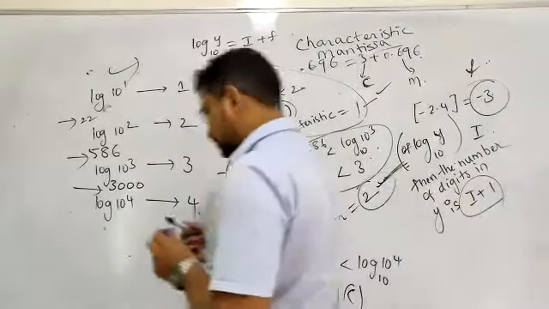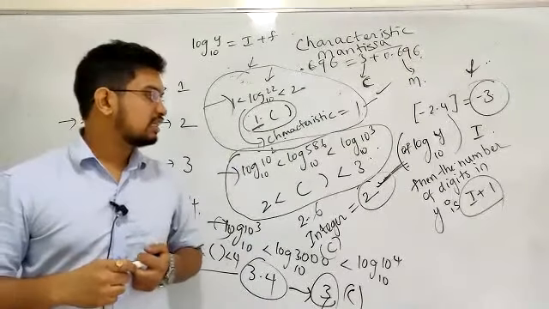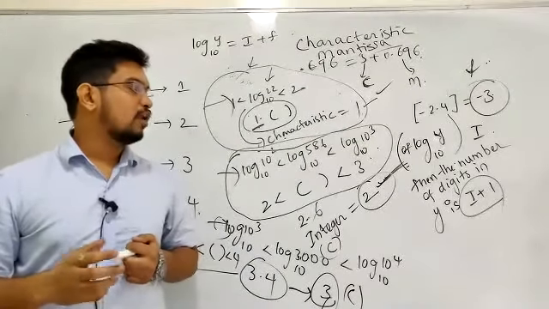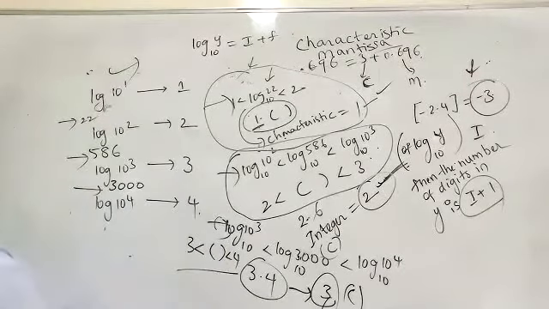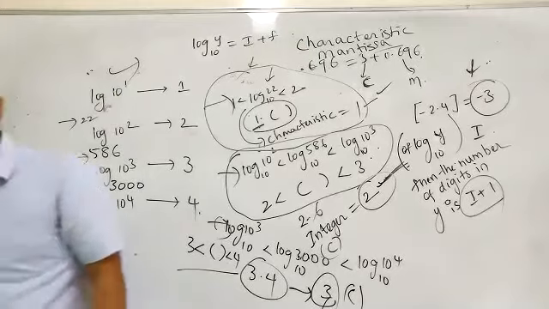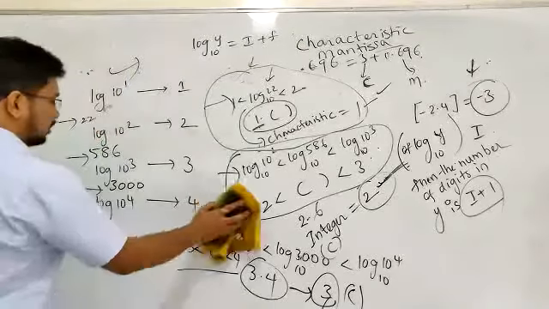If the characteristic of log y to the base 10 is I, then the number of digits in y is I plus 1. I hope this is clear.